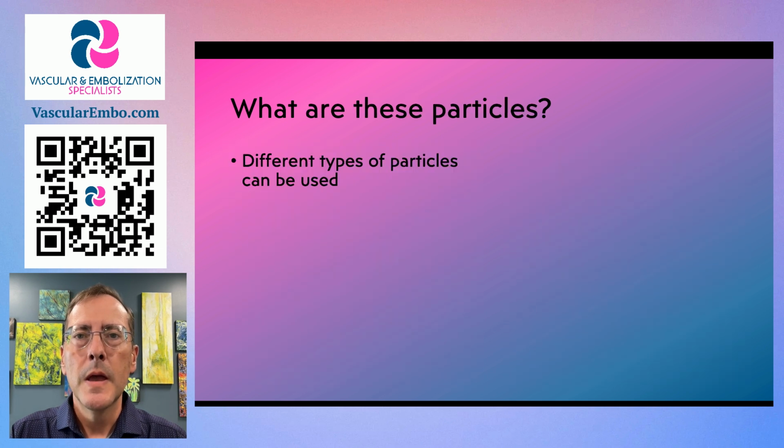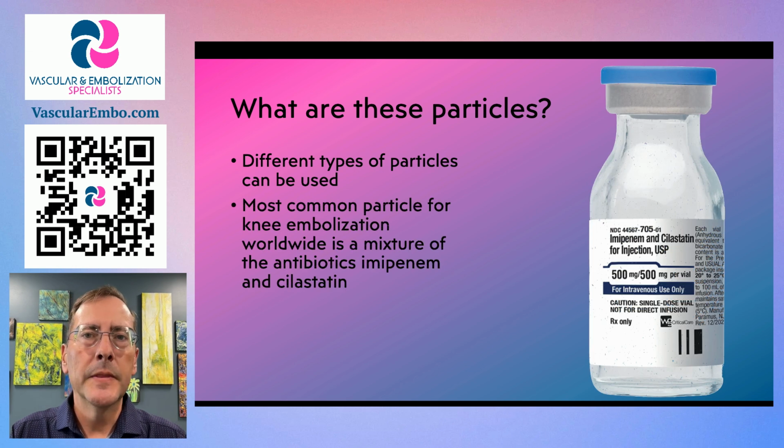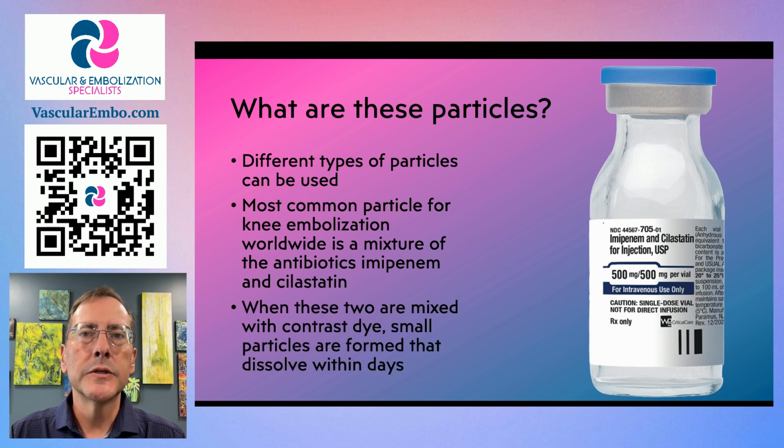We use different types of particles, different types of embolics, depending on what type of disease process we're trying to treat, and what part of the body. The most common thing used worldwide for genicular artery embolization, for knee embolization, is a mixture of two medications, imipenem and cilastatin. When you mix these two together and add contrast or dye to the mixture, it causes particles to form.